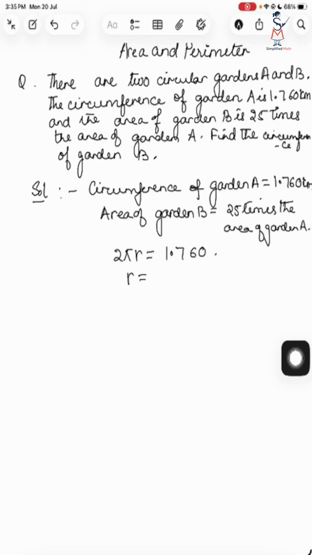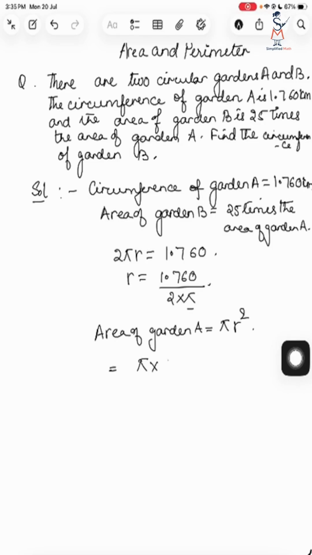So r is 1.760 divided by 2 pi. Fine. So we will leave it like this only, pi, because then when we find the area, the pi will get cancelled. So area of garden A will become pi r square, that is pi into 1.760 by 2 pi into 1.760 by 2 pi.